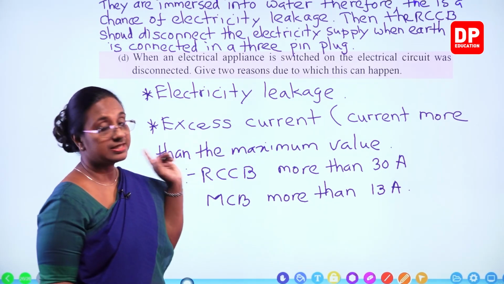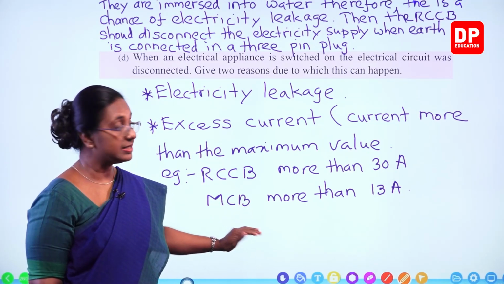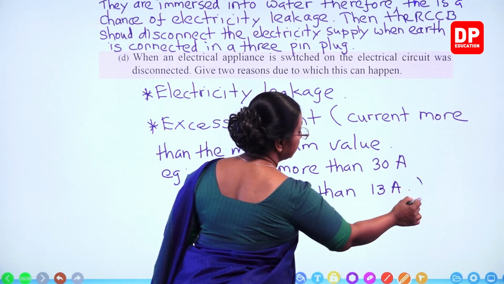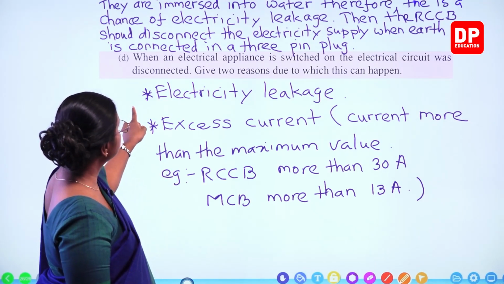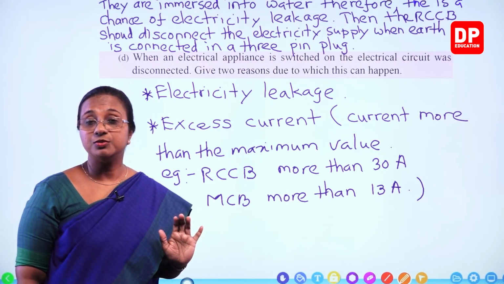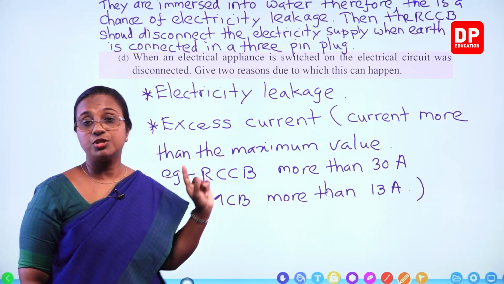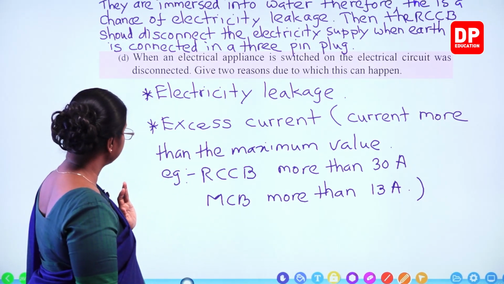If you just say excess current, it is fine. But for you all to remember and understand, I have given this additional information as well. So this is the answer. If the electric circuit was disconnected, then it could be one of the 2 reasons. Electricity leakage, then the trip switch or the RCCB, residual current circuit breaker, will cut off the electricity supply.